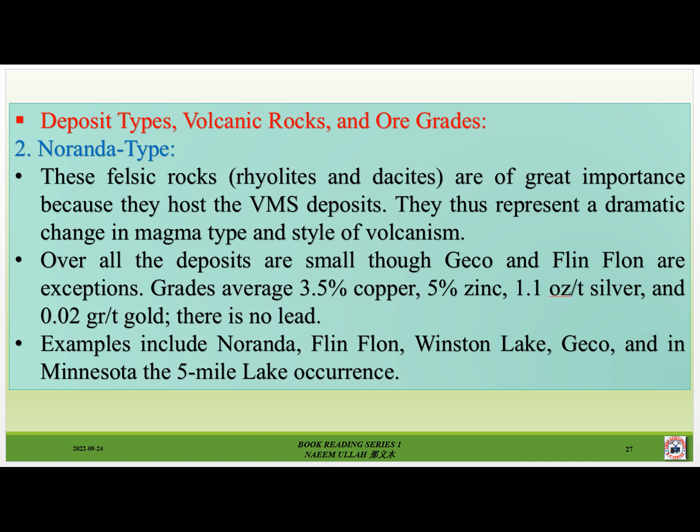Grades average 3.5% copper, 5% zinc, 1.1 oz per ton silver, and 0.02 oz per ton gold. There is no lead. Examples include Noranda, Flin Flon, Winston Lake, Geco, and in Minnesota, the Five Mile Lake occurrence.